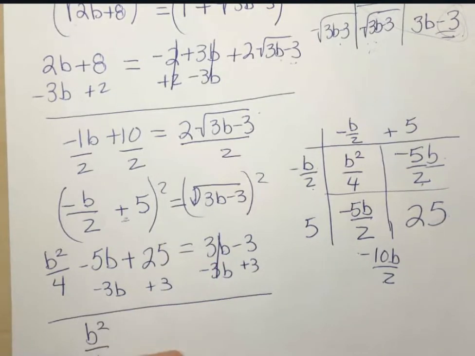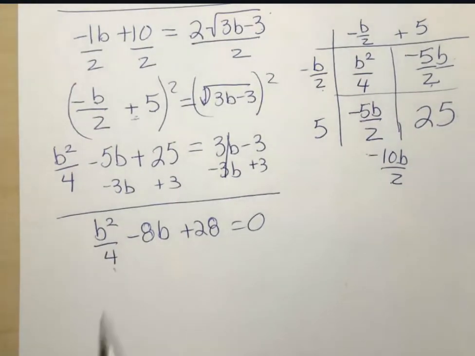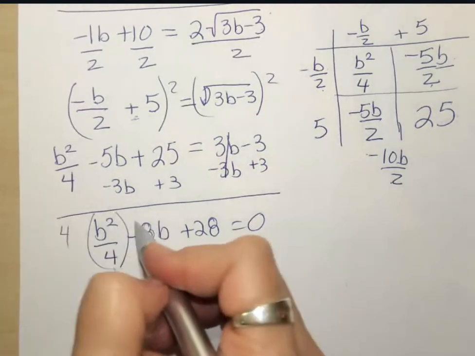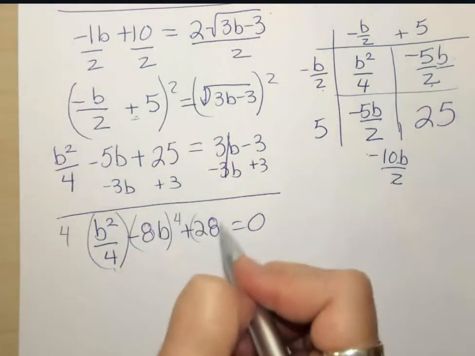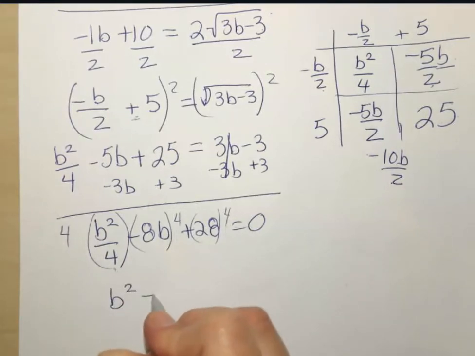B squared over 4 minus 8b plus 28 equals 0. I don't know about you, but I'm not interested in dealing with the 4. So I'm going to multiply everything by 4. Ugh! I think I'm going to Desmos for this one.